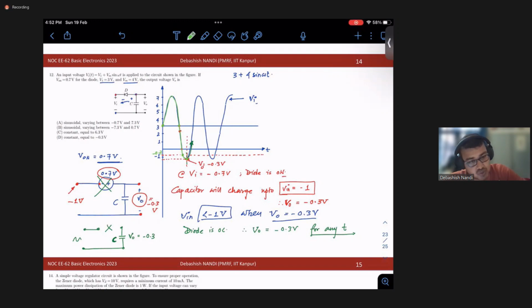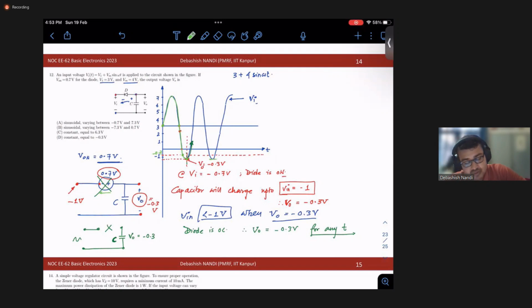but it is going the opposite way. So the diode will be open circuited, the diode will be off. Then whatever voltage the capacitor has stored will remain at minus 0.3 volt unless you see the path again. But you will never see this path because this is the maximum limit it can go.